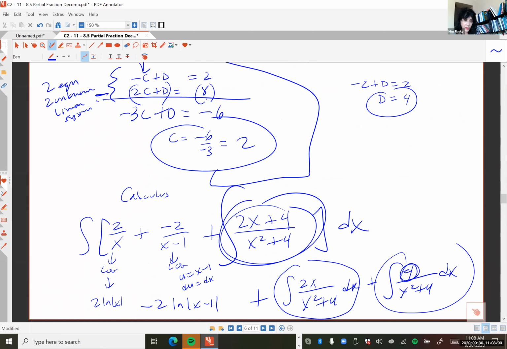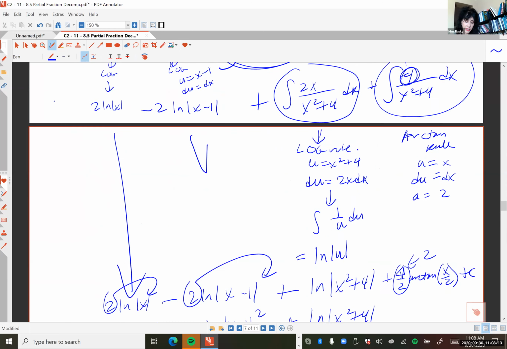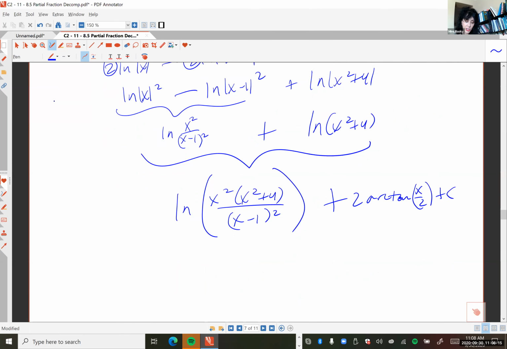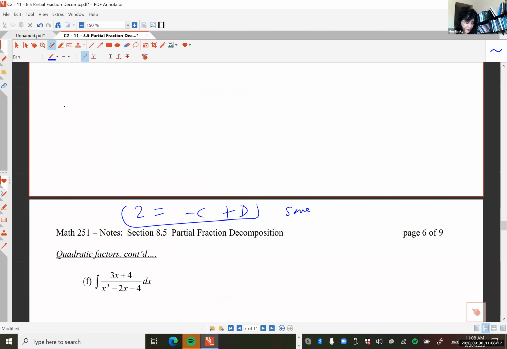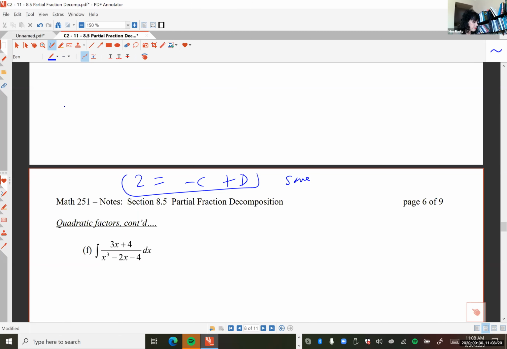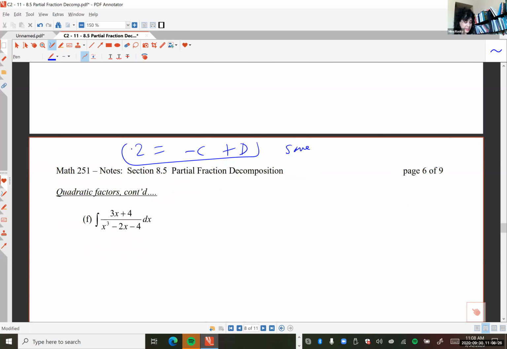But I want to tell you, full disclosure, I never use this technique, but I wanted you to see it, especially because this approach may be what shows up when you click on the view an example button. But I don't. I use the equate the coefficients technique, which is what I teach all my differential equations students. So I'm going to do this next problem, and this is going to introduce the equate coefficients technique.